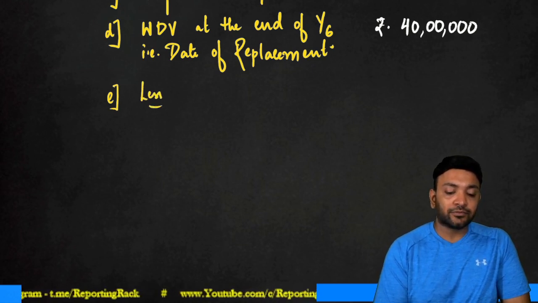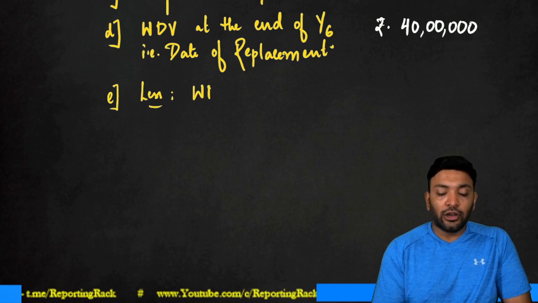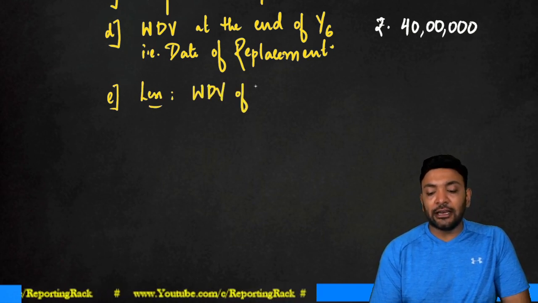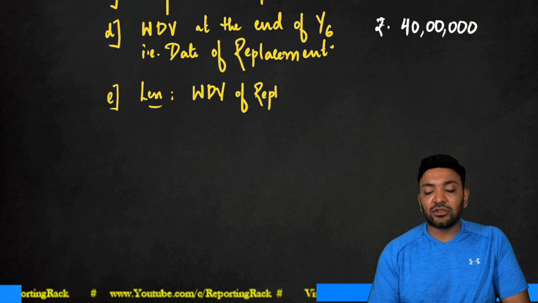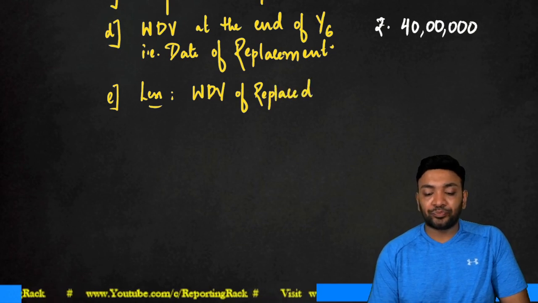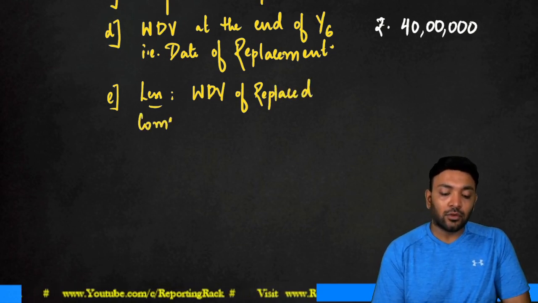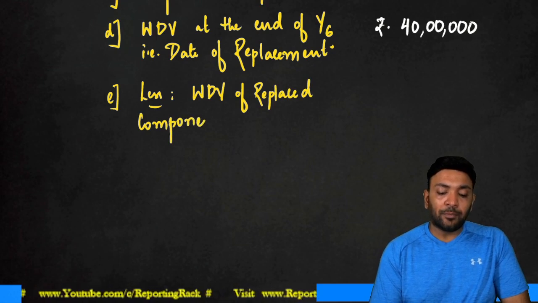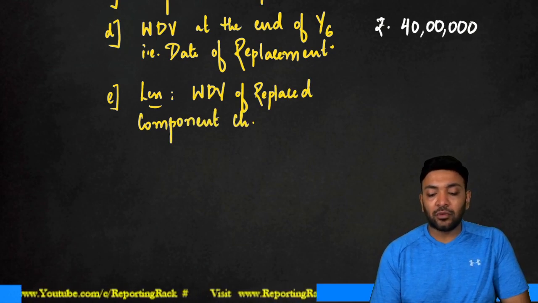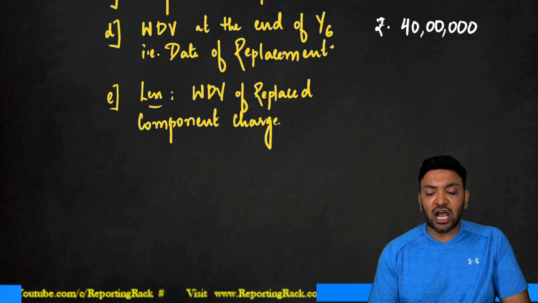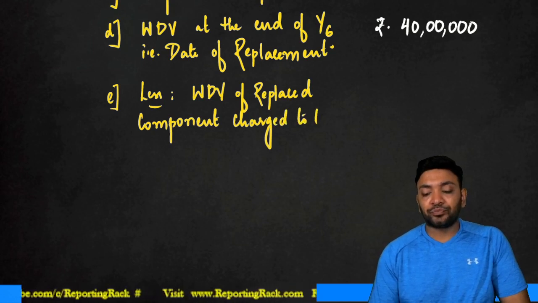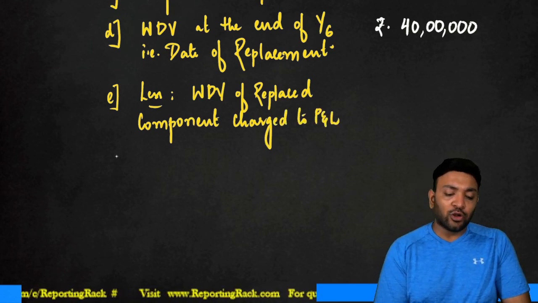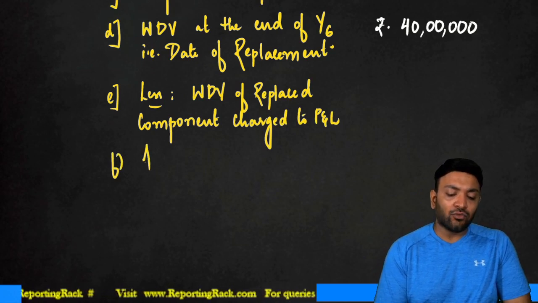Less: WDV of replaced component charged to P&L. Number 2, add. What do you add?